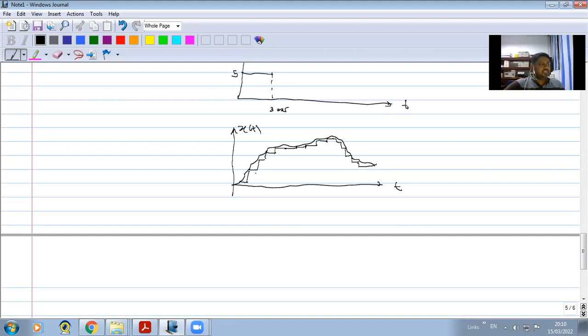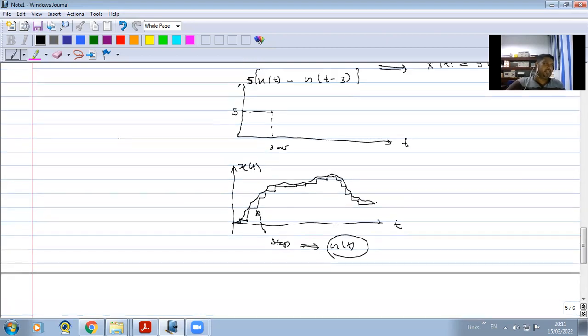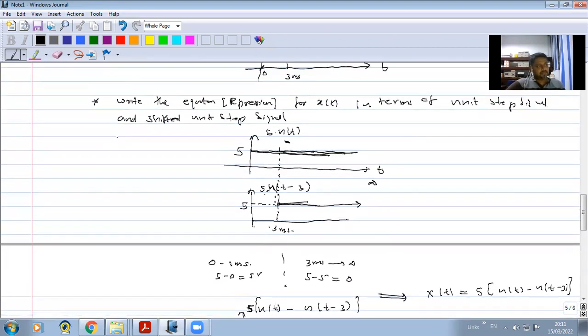So now there are unit steps, and each step can be expressed using a unit step function. So you can see that this kind of continuous signal you can express in terms of unit step signals. That is one very important thing you should remember.